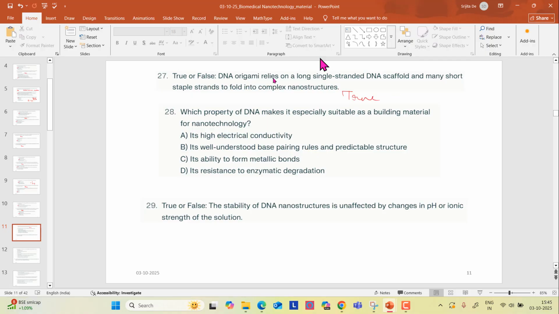Which property of DNA makes it especially suitable as a building material for nanotechnology?